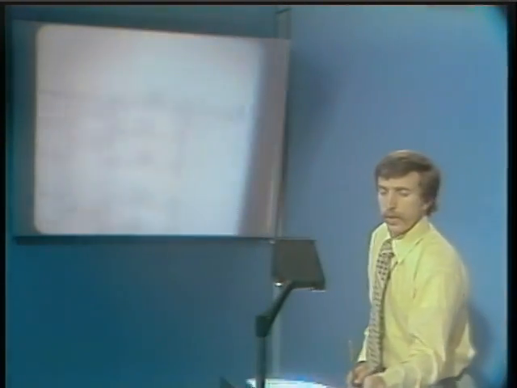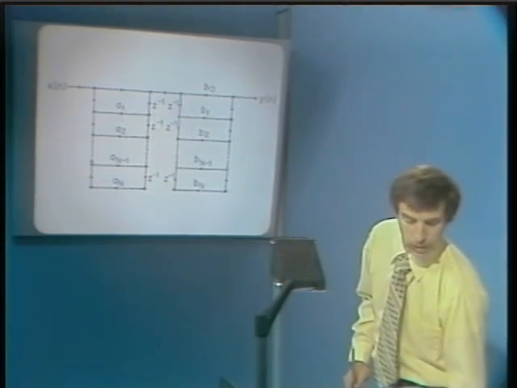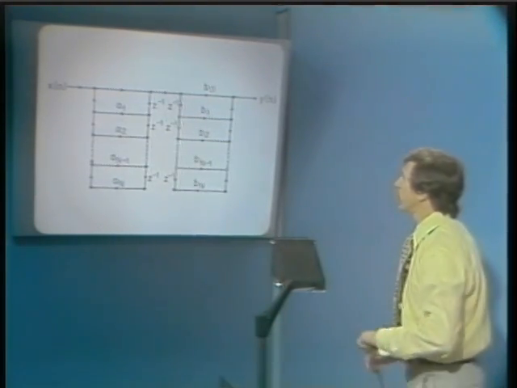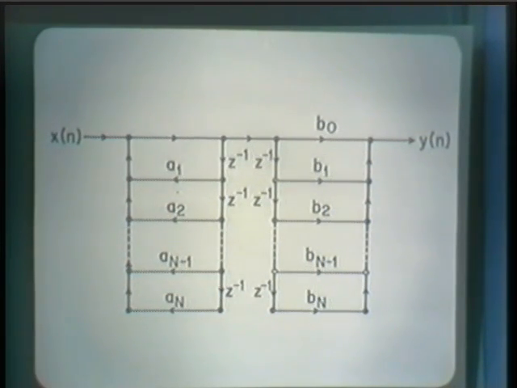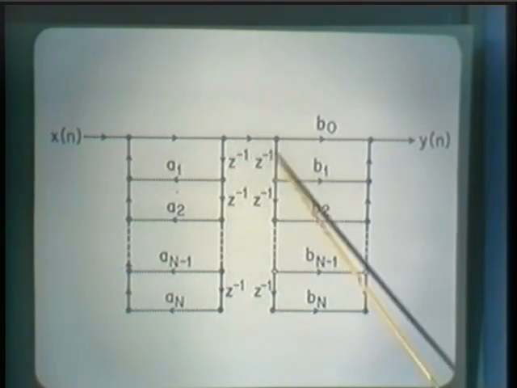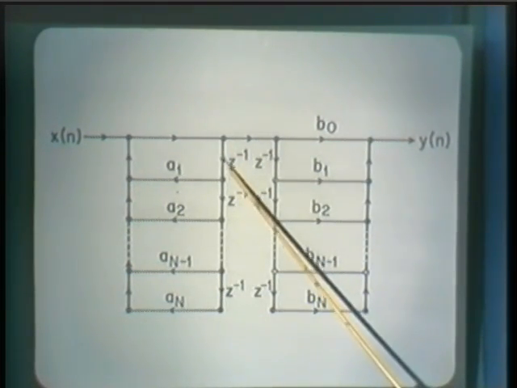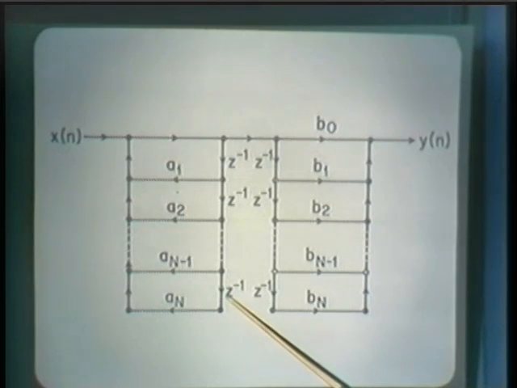Well, returning to the network that resulted by interchanging the order of these two systems, one of the questions we can ask, of course, is whether there is any advantage to implementing this system rather than implementing the first system that we derived. And in answering that, one thing that we notice about this system is that there are two parallel branches here with corresponding delays.